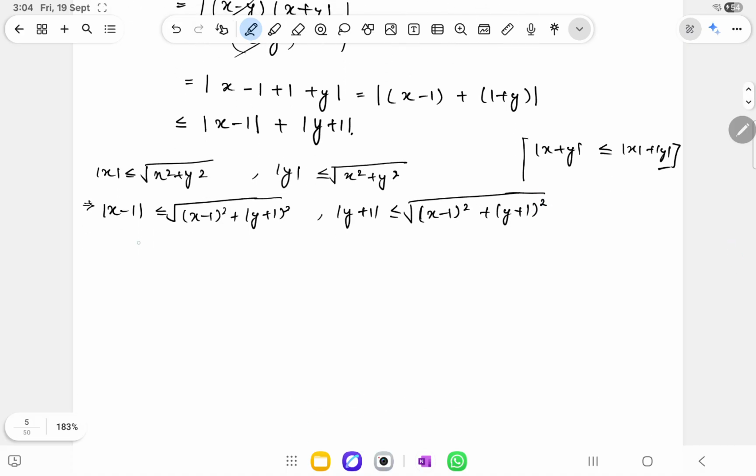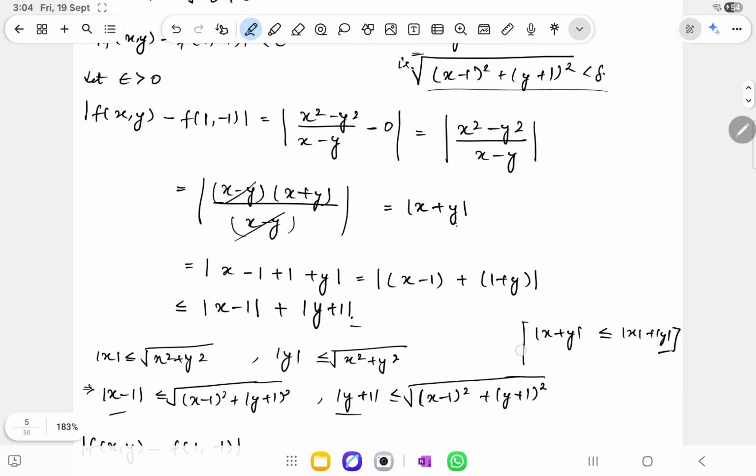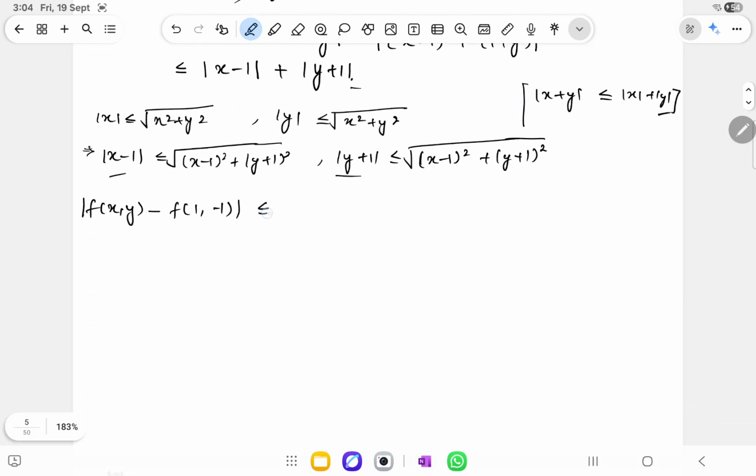So if I use these relations here, I'll be getting modulus of f(x, y) minus f(1, -1) is less than or equal to 2 times under root (x minus 1) square plus (y plus 1) square, and this thing must be less than epsilon.